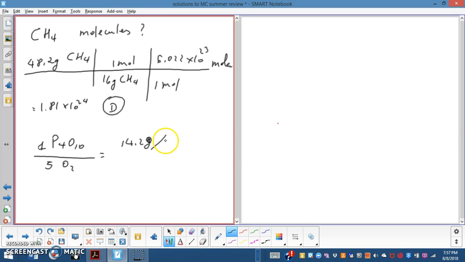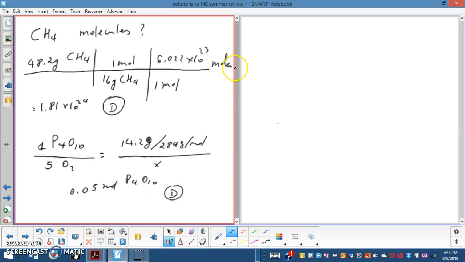So you got to divide by the molar mass that they are giving you, 284 grams per mole, right? Divided by x, and your x is going to be 0.05 moles of P4O10. And your answer is D again.